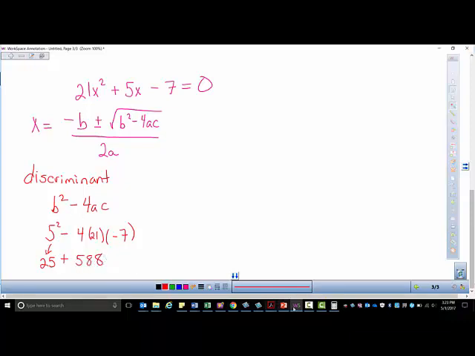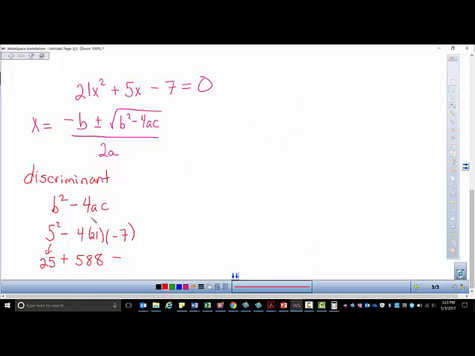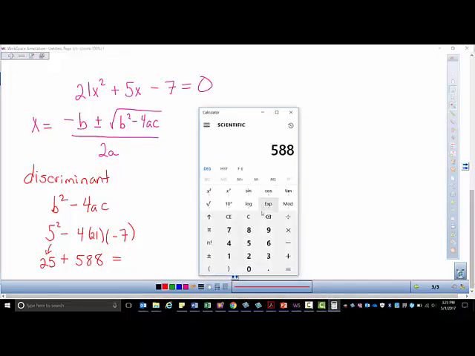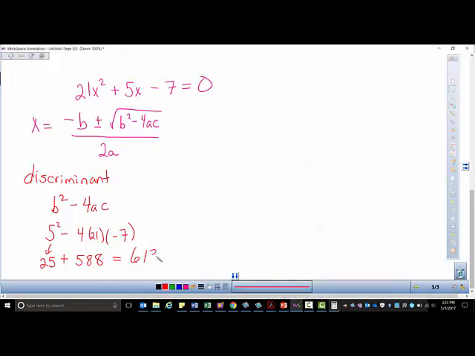Let's do that again. 4 times 21 times 7 is 588. All right, I'll go with it. So then I need to add those together. 588 plus 25 is 613. So that's my discriminant. It's positive, so it means I'm going to have two zeros, two answers, because it's positive.